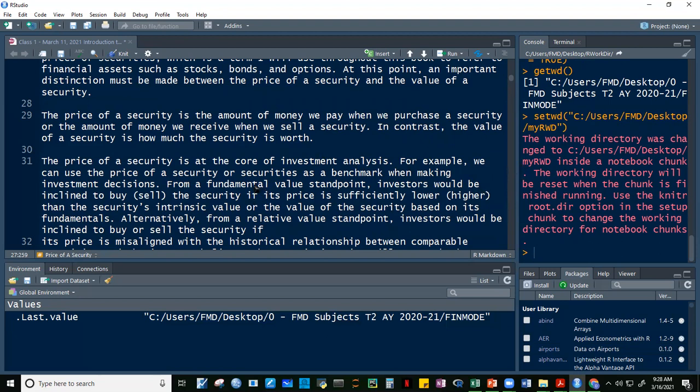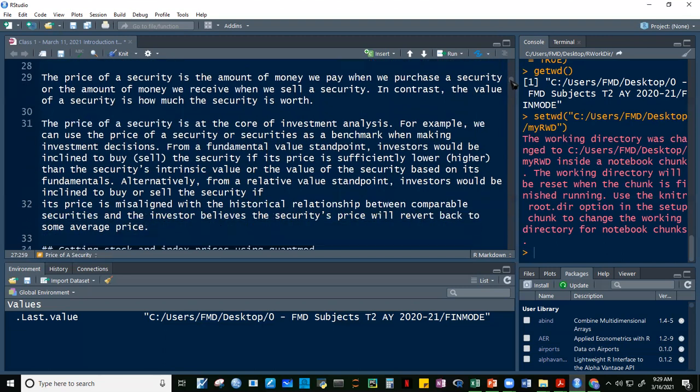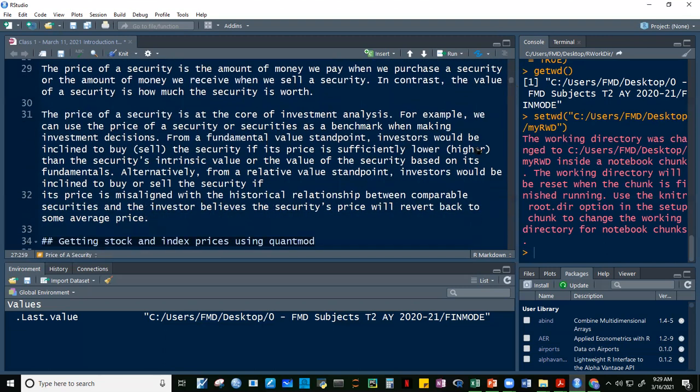We can use the price of a security as a benchmark when making investment decisions. From a fundamental value standpoint, investors would be inclined to buy or sell the security if its price is sufficiently lower. They buy the security or asset if the price is lower than the value.